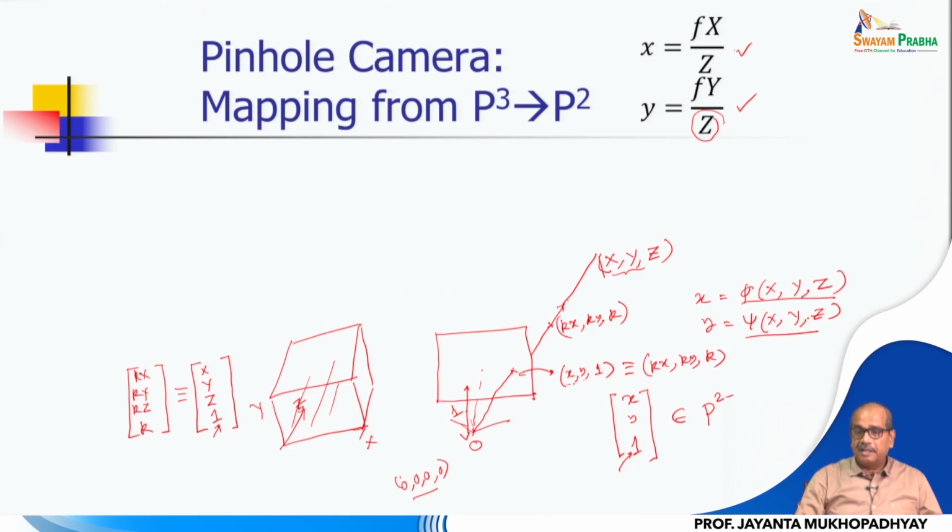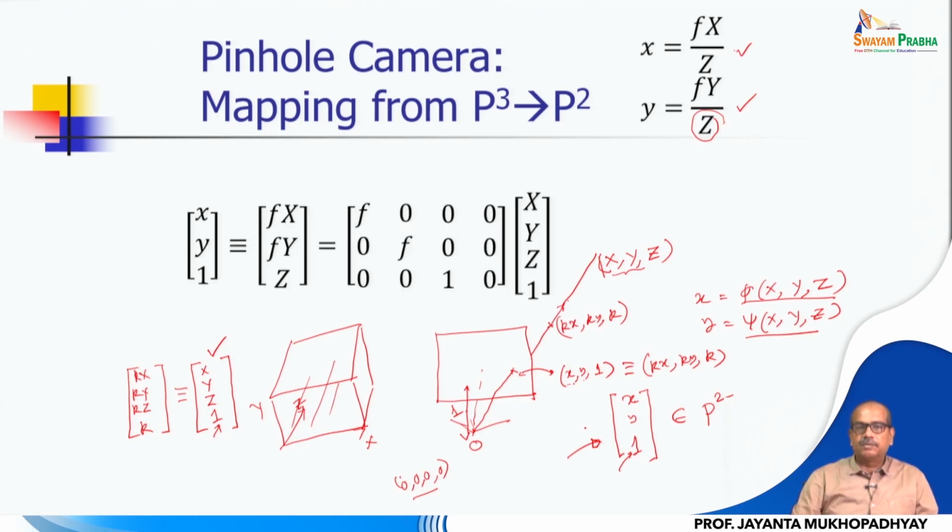But when we are mapping a point in the 3D projective space to a point in the 2D projective space, those functions become linear. Let me show this expression here. You can see that it is simply a matrix multiplication.